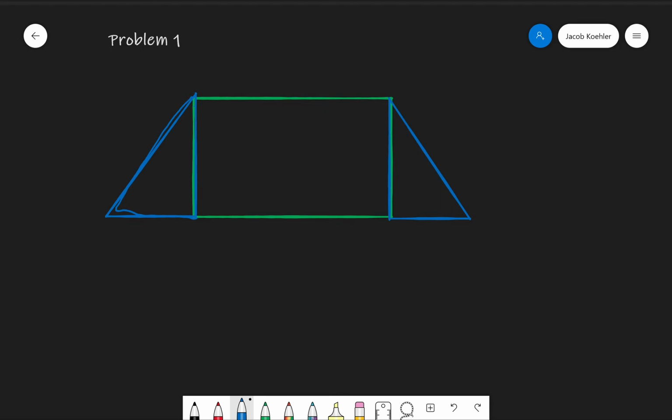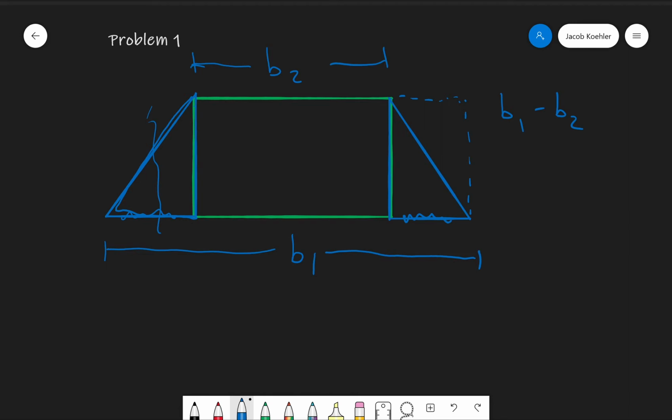And again, I'm assuming that these are equivalent, but this whole length is what I'll call base 1. And this length is what I'll call base 2. So if we recognize these pieces as the difference between base 1 and base 2, right? Base 1 minus base 2 would equal that difference. And if I take this triangle and chop it off from the left side here and put it here, right? We've got a rectangle.